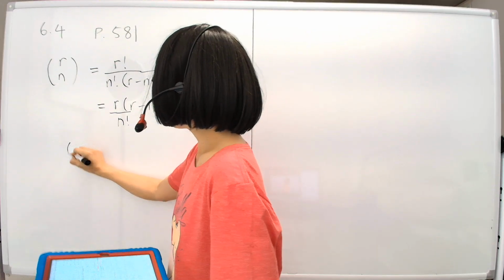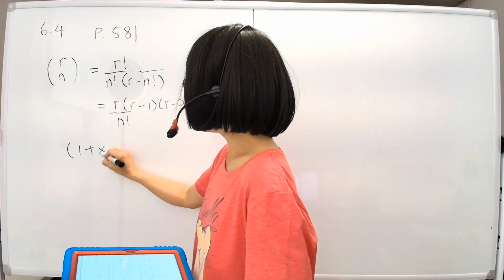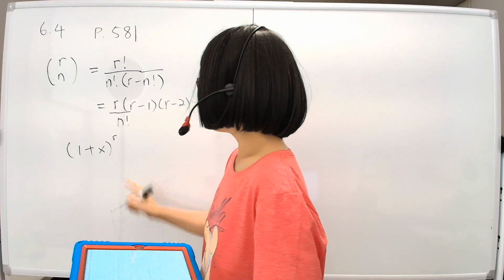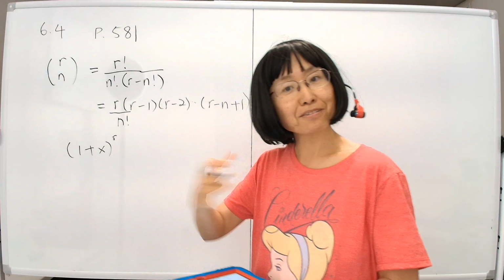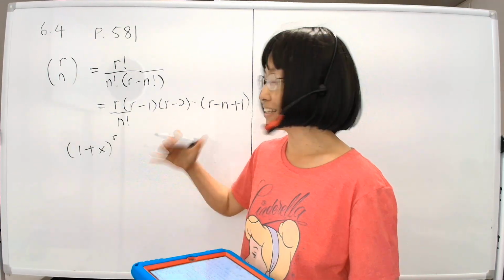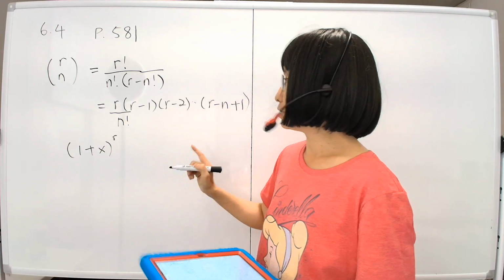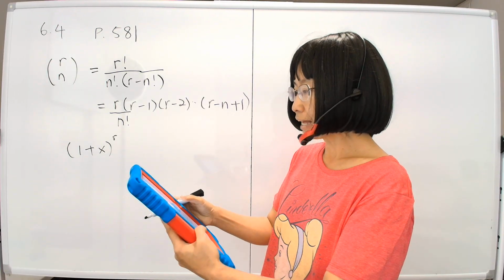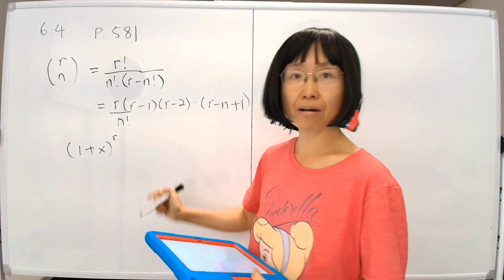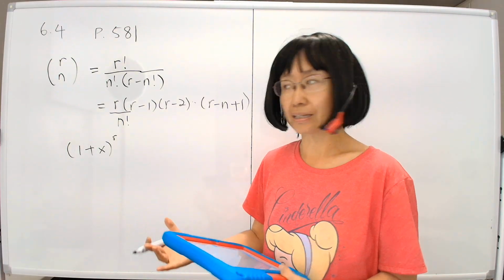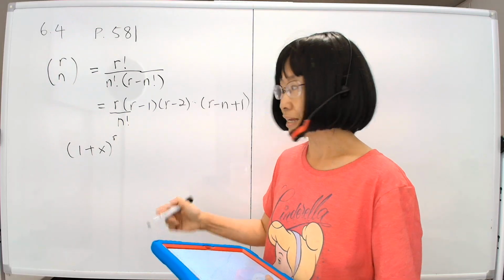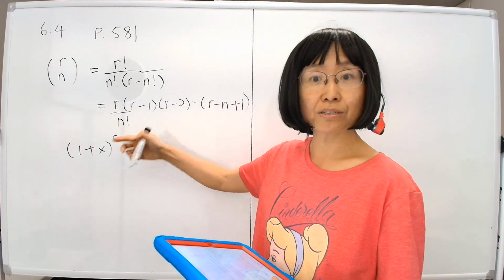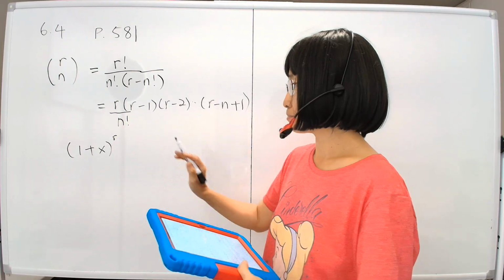So let's look at what we're doing: 1 plus x to the power r, where r is some integer, and then you multiply it out. However, right now we're not going to care what r is, even if r isn't a positive integer. In fact, we'll accept r as a fraction or even a negative number. It doesn't matter what it is.